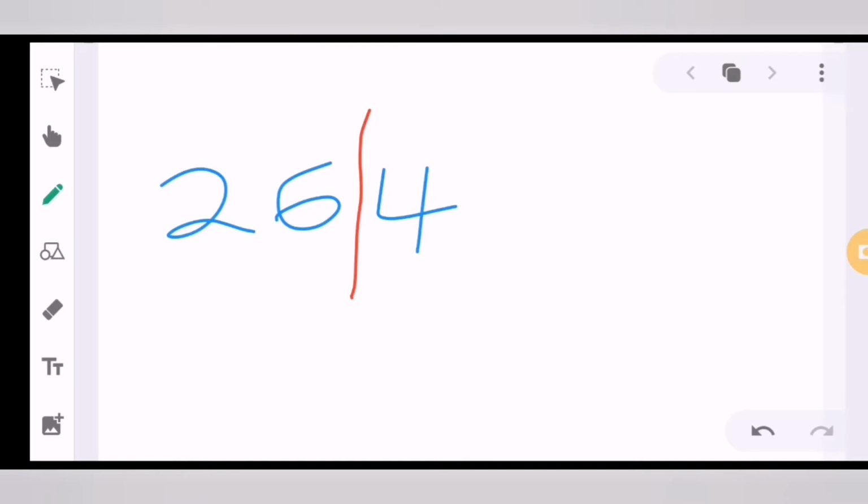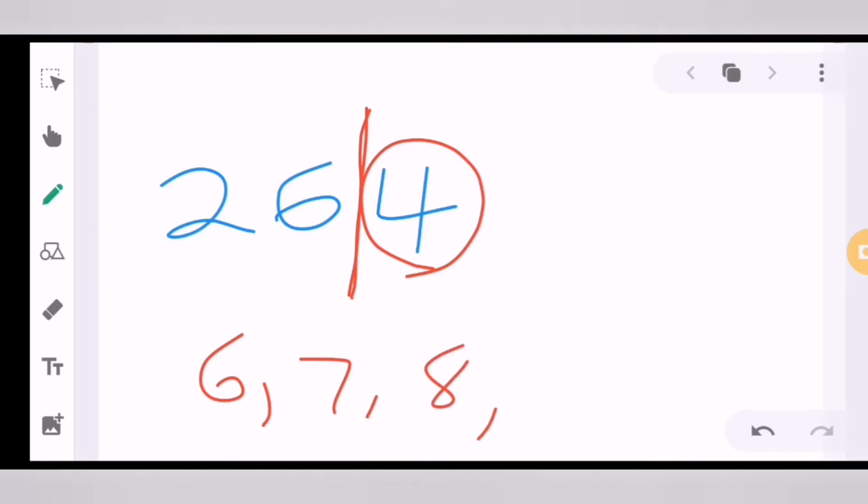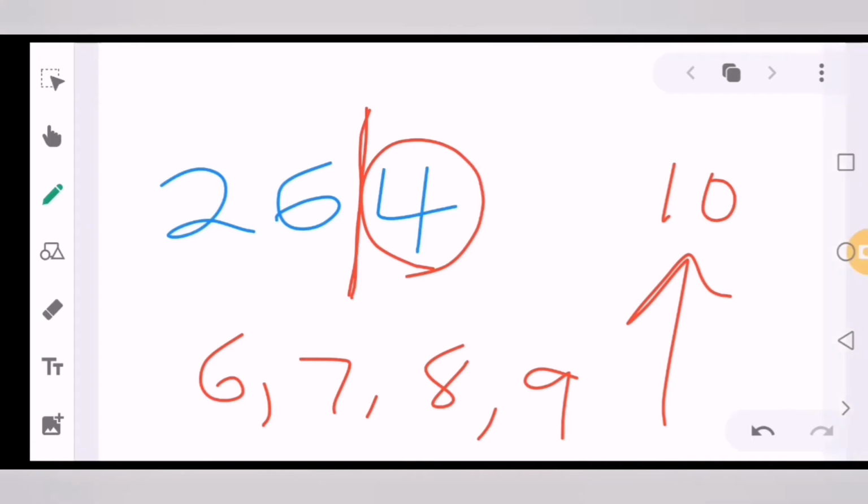All right, so we check the number 4, which is before the line that you have drawn here, if it is more than 5, less than 5, or equal to 5. If the number is more than 5, for example, 6, 7, 8, or 9, then we are going to round it up to 10, because we're rounding it to tens.